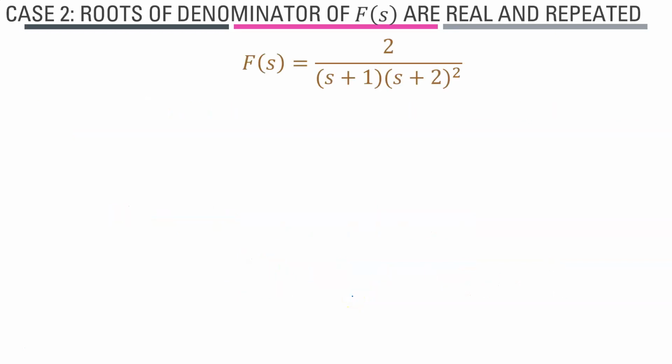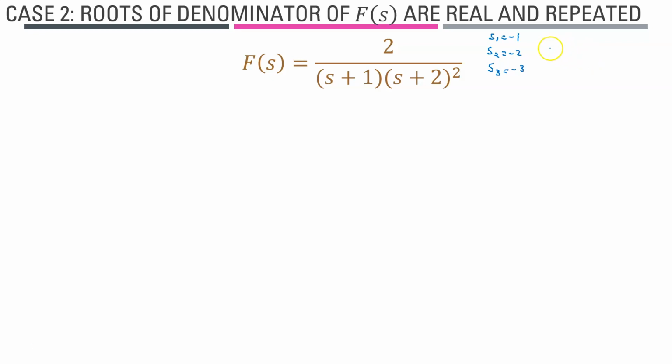For case number 2, if you have real and repeated roots, for example, as shown here, this s plus 2 is to the power of 2. So it means you have s plus 2 repeated 2 times, which means the roots of the system are s1 equals minus 1, s2 equals minus 2, s3 equals minus 2.